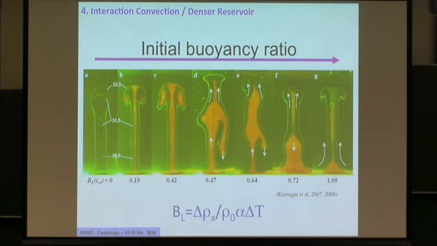And we're going to heat the system. We can also introduce at the bottom of the tank this orange layer here. It's exactly the same fluid, but we've added a little bit of dye and some salt to increase locally the density, so that the buoyancy ratio is going to range from 0 to more than 1.